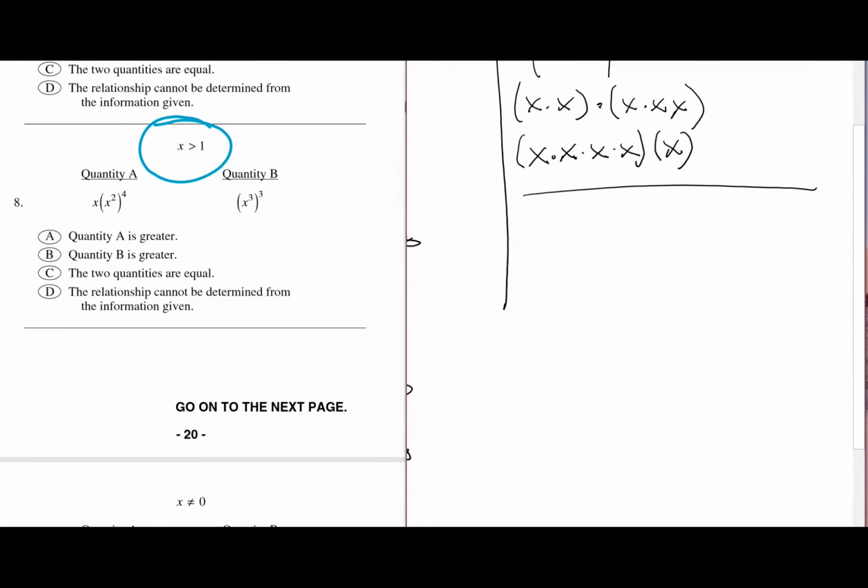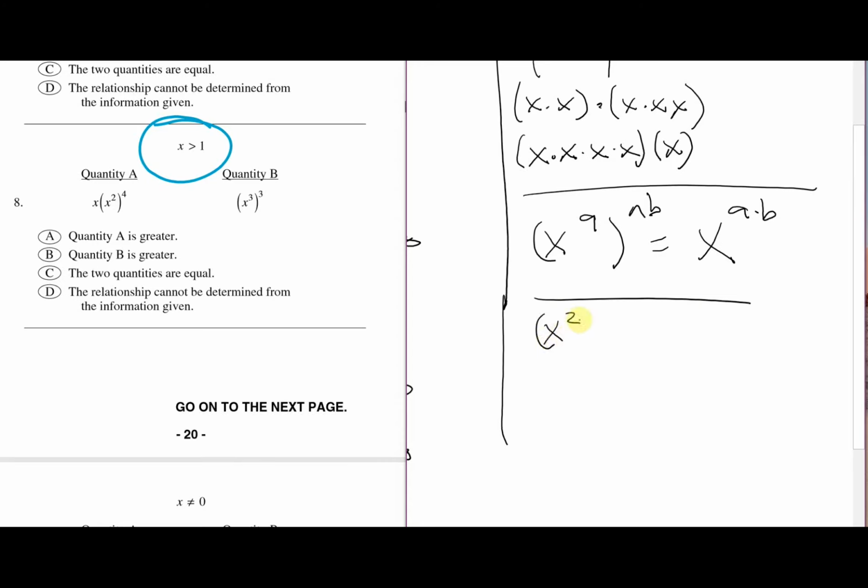Another definition you need to know is if you take x to the a to the b power, this is going to be x to the a times b. So you're multiplying x a times, and then you're taking those b times, like a permutation. For instance, if you take x squared to the squared power, you're taking x twice, and you're squaring this.